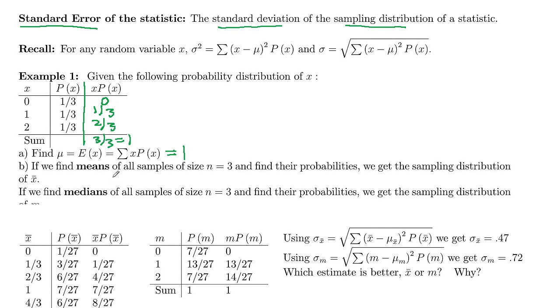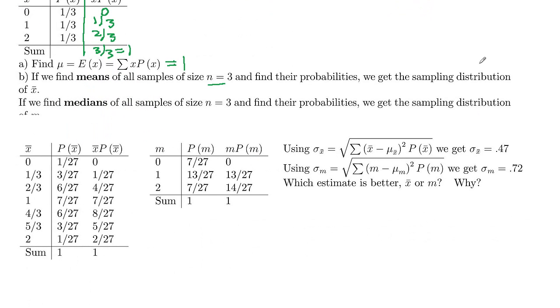Now, if we find means of all samples of size 3 and find their probabilities, we're going to get a sampling distribution for x bar. And that sampling distribution I've actually already found for us here.